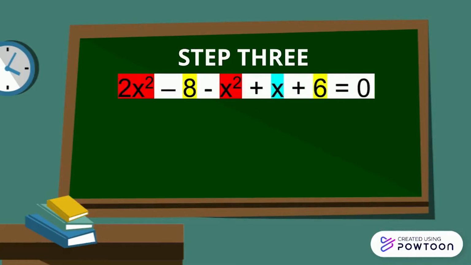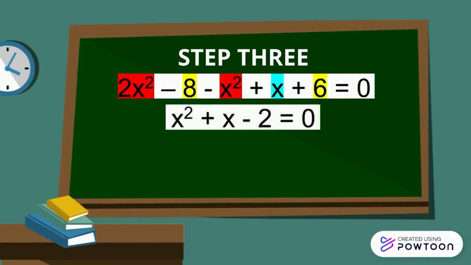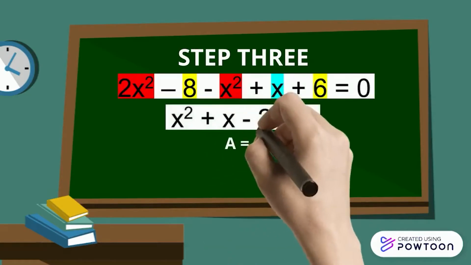Solve and identify a, b, and c. x squared plus x minus 2 equals 0. a equals 1, b equals 1, c equals negative 2.